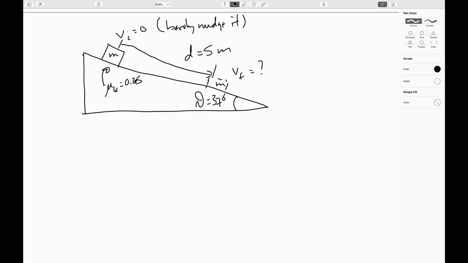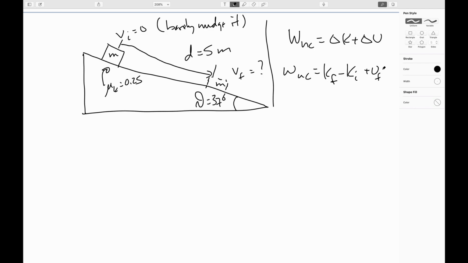All right, so let's follow through our work-energy theorem, second form, again here. Work done by non-conservative forces is equal to the change in kinetic plus the change in potential energy. And I just want to follow this through to see where this is going. So we can say work done by non-conservative forces is K final minus K initial plus U final minus U initial.